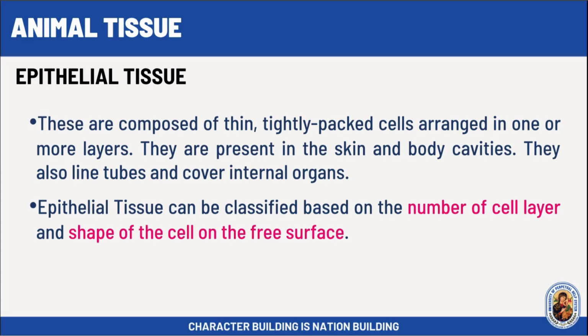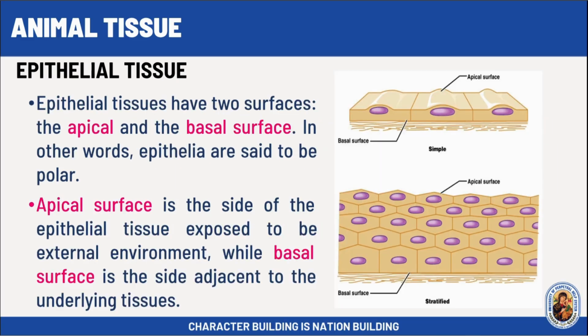They can be classified in a number of ways: by the number of cell layers and also the shape of the cell. Under this, we have what I believe are more than eight types. So let's explore the different types of epithelial tissue.